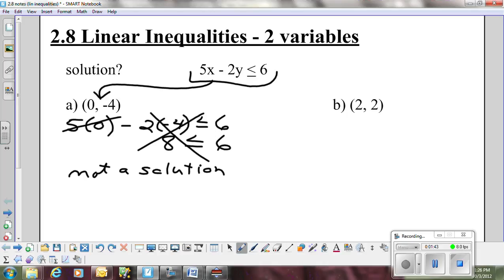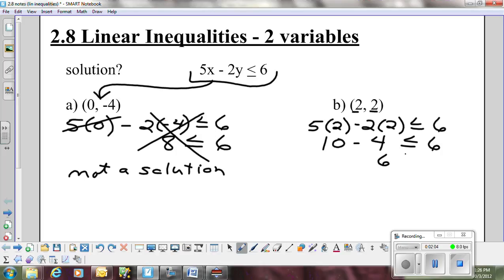Okay, so let's check another one. Let's check the point 2, 2, same inequality. So I have 5 times 2 minus 2 times 2 less than or equal to 6. So I get 5 times 2 is 10 minus 4. 6 is less than or equal to 6.